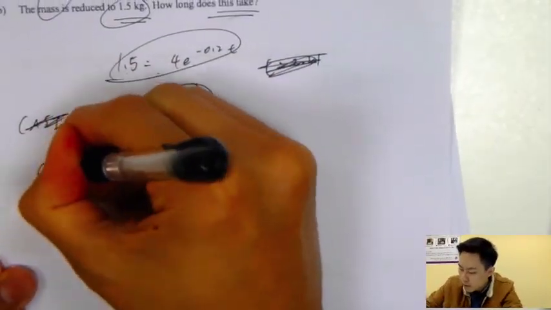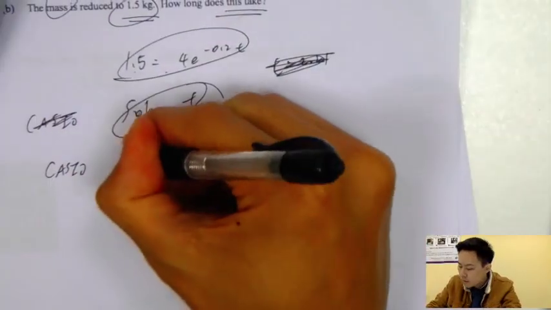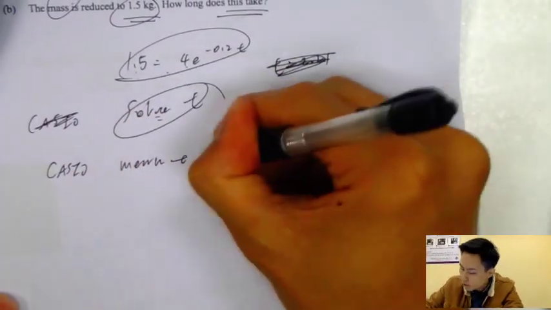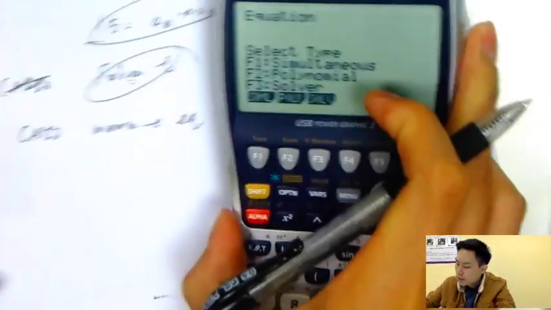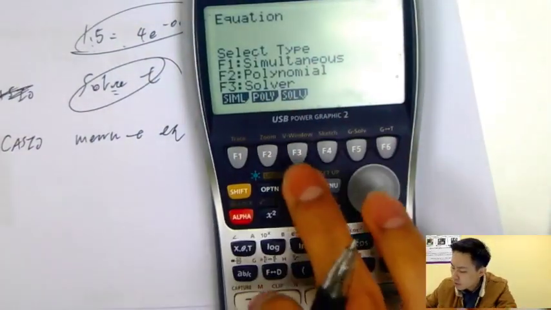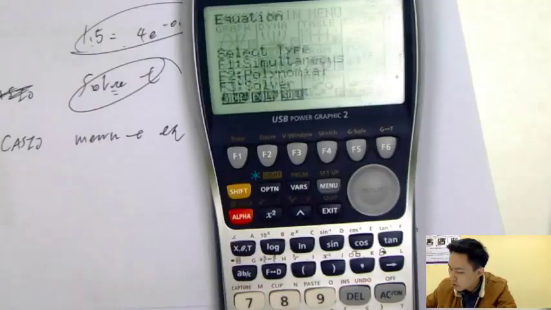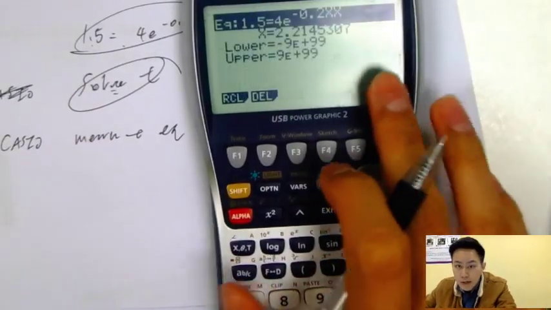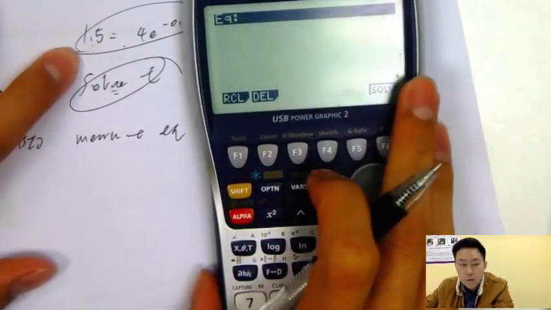For Casio, you go to menu, and then you go to equation, and you will see solver, and then F3. So you type in the equation.